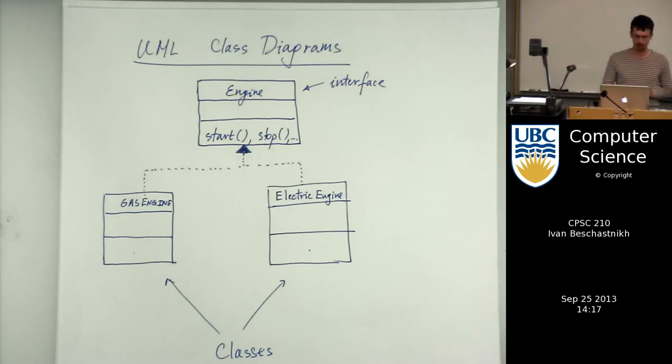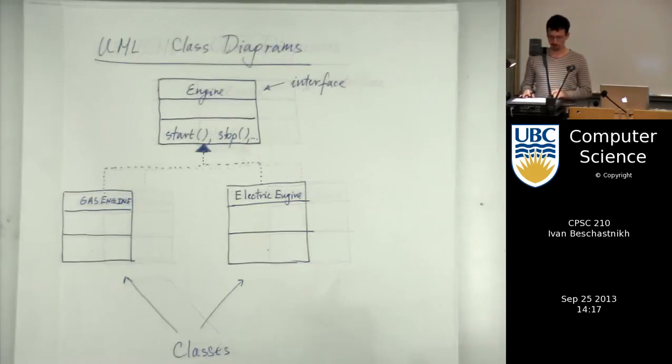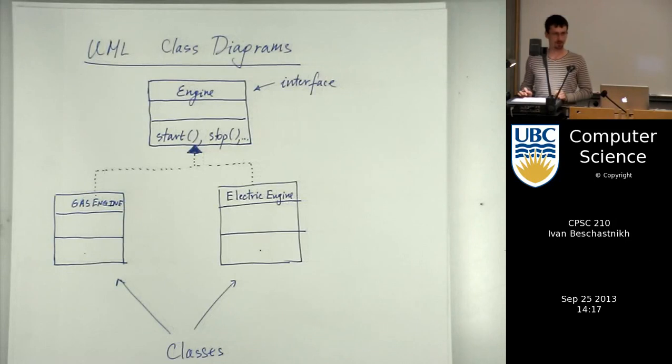Okay, so what we'll do now is actually create a new kind of engine. When we create a new kind of engine, what do you think I have to do to this model? What is that going to look like? To add a new box, a new class. I have to add a new class.